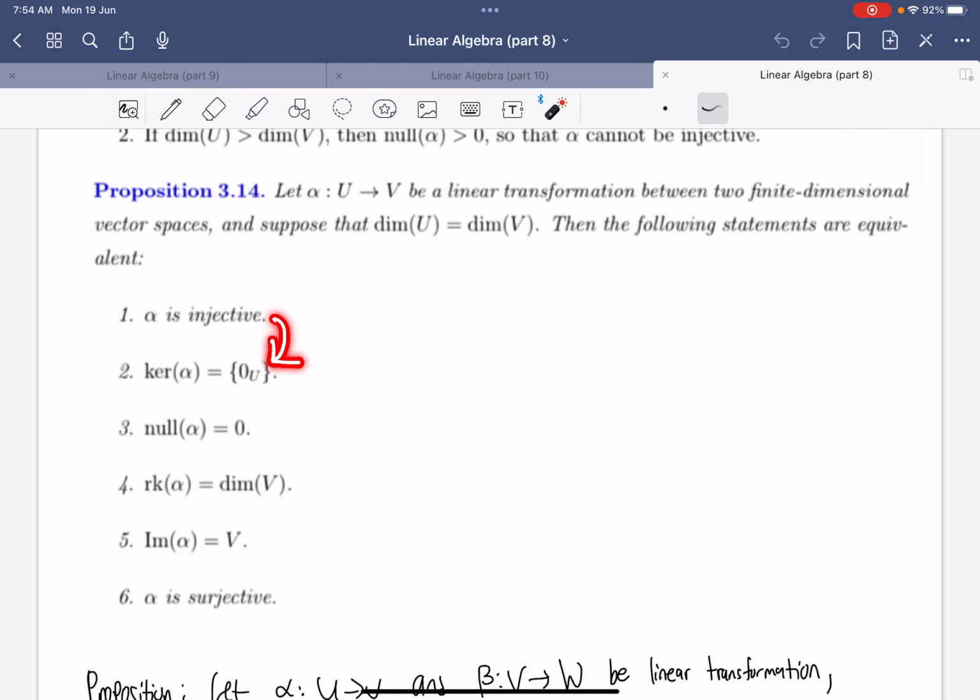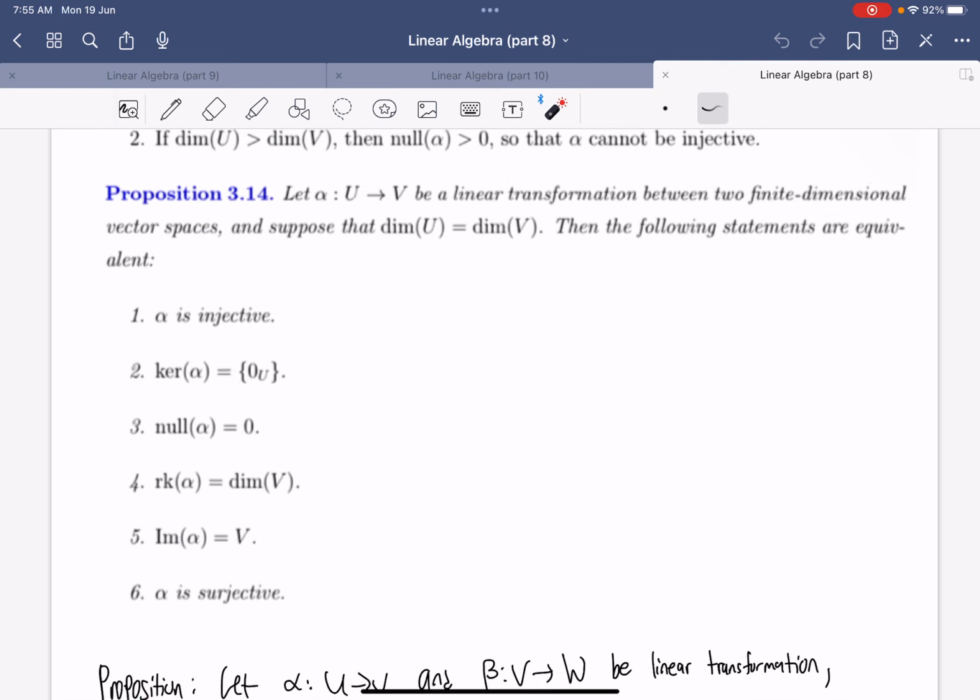We have already shown that injectivity implies that the kernel, or the null space, is the zero space, so the kernel is 0, and because of that the nullity is 0. By the rank-nullity theorem, the rank equals the dimension of V, which implies that the image of alpha equals V, hence alpha is surjective.